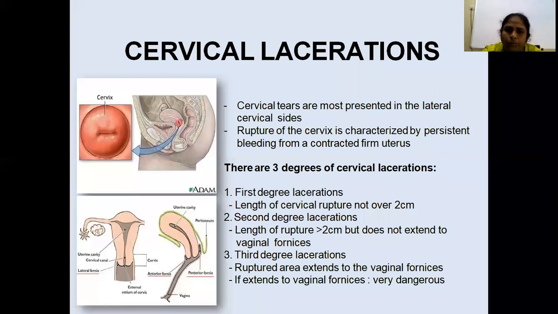Why you are so worried about cervical lacerations is that cervical tears lead to severe PPH and there is a chance of maternal death. So early diagnosis and repair of cervical lacerations is very important.